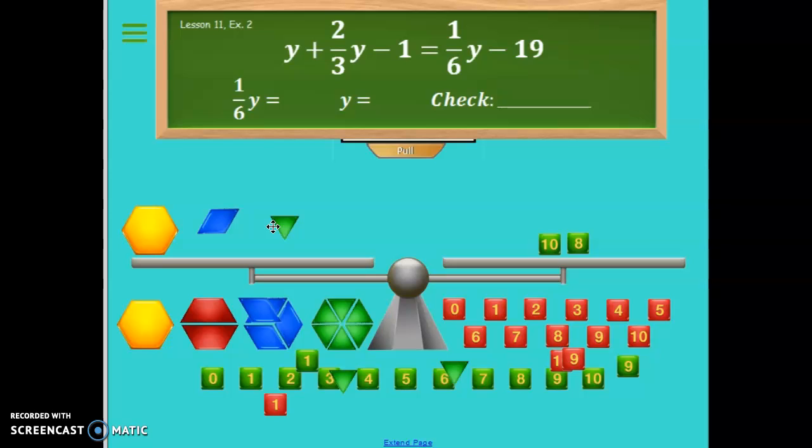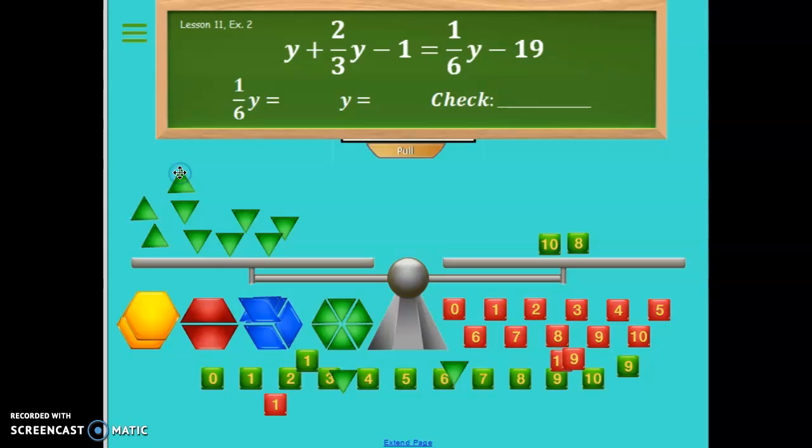So I'm going to go with my smallest fraction and use the substitution principle to make a trade. So I can get 2 greens for that blue, and I can get 6 greens for this yellow, right? 6/6 equals 1 whole. 3, 4, 5, 6.